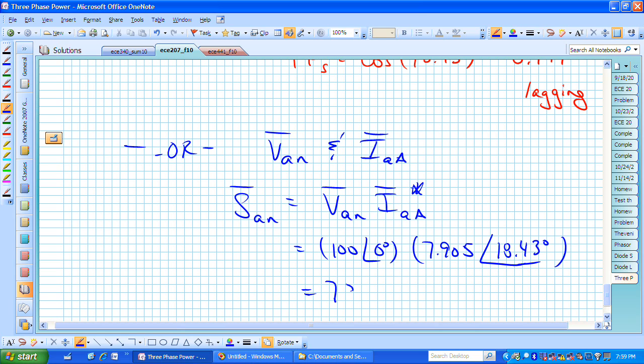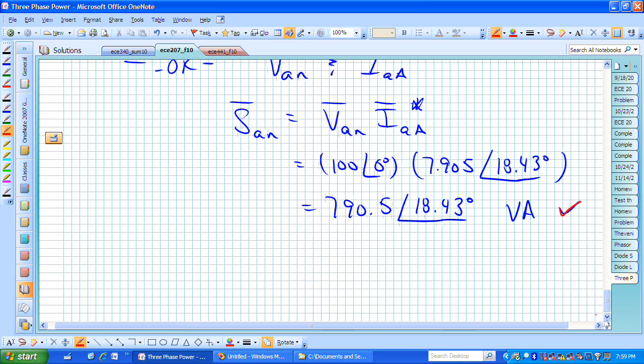So this is now 790.5 at an angle of 18.43 degrees, and that's in volt-amperes, that's exactly what we had above. Because of that, we can now calculate the source complex power two different ways, at least.